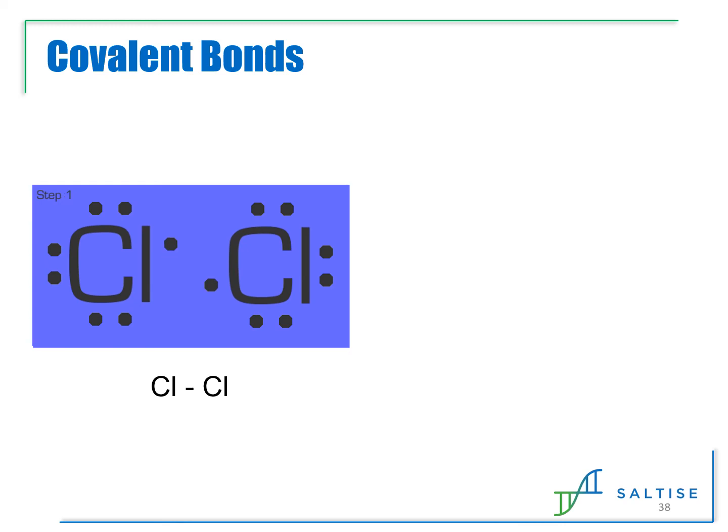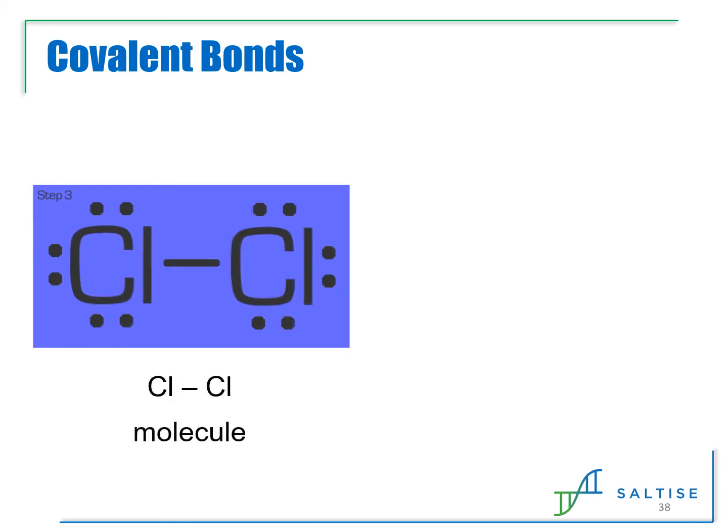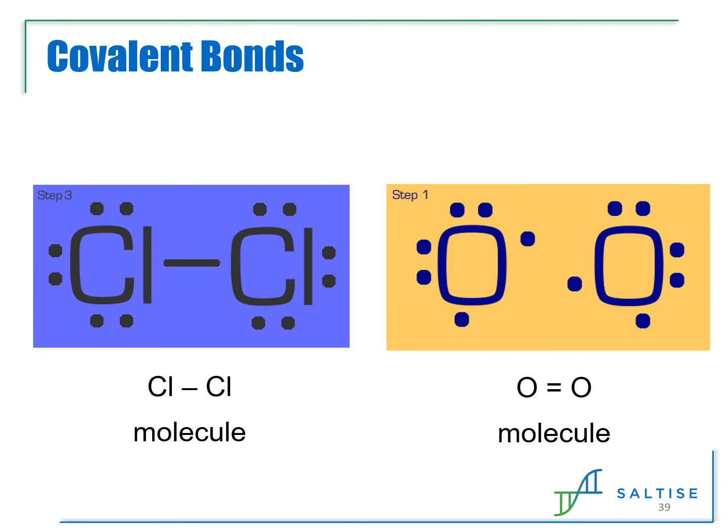The sharing of a pair of electrons is how a covalent bond is formed. When you see a line between two atoms, it represents a covalent bond with 2 electrons being shared. Here we have 2 chlorine atoms that have come together to create a chlorine molecule. Oxygen atoms have 6 valence electrons.